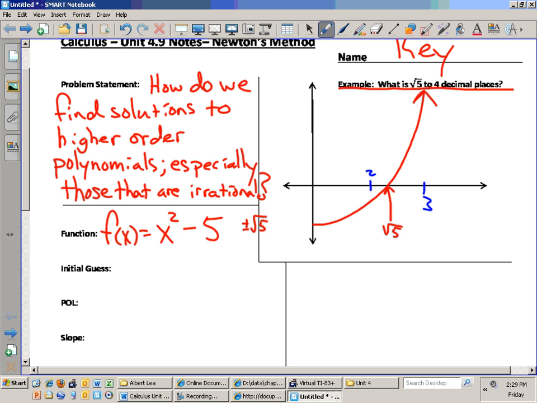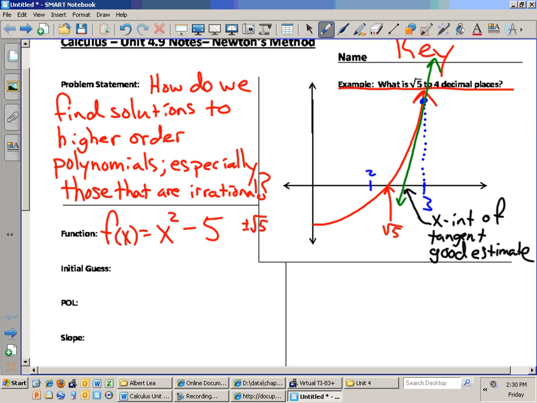And here's the idea. Newton realized that if we were to find the function evaluated at 3 and then draw a line tangent to that function at that location, the x-intercept of the tangent was a good estimate.